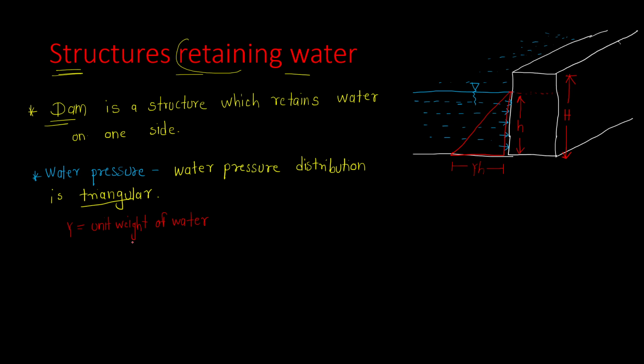Now due to this water pressure, as we have seen with wind pressure, there is one resultant force exerted on the dam. This white colored structure, the dam, will be under one external resultant force due to the water.